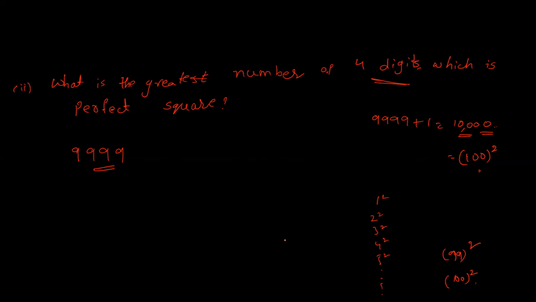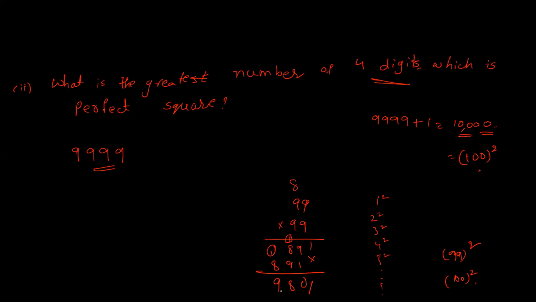So now we have to find 99 into 99. 9 nines are 81. Again 9 nines are 81. 81 plus 8 is 89. Cross: 9 nines, same, we get the same number. 1 plus 9 is 10, 9 plus 1 is 10, 10 plus 8 is 18.